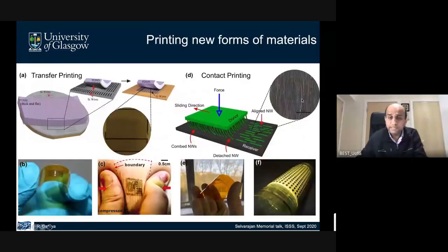We have some examples here where zinc oxide nanowire based transistor devices were printed onto a flexible substrate, as you see here, and we showed that for a wearable application related to detection of UV.